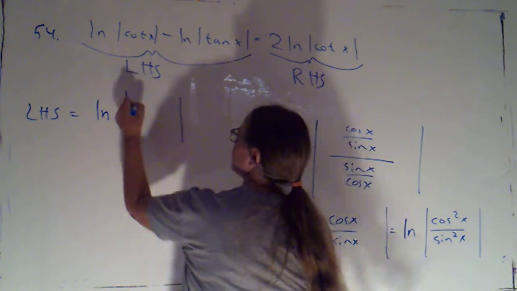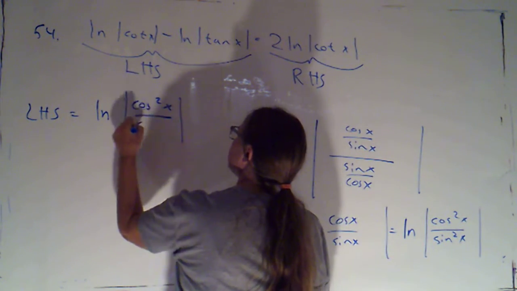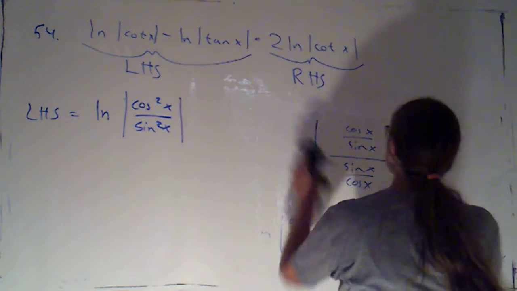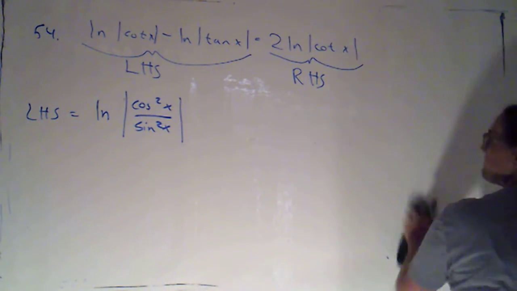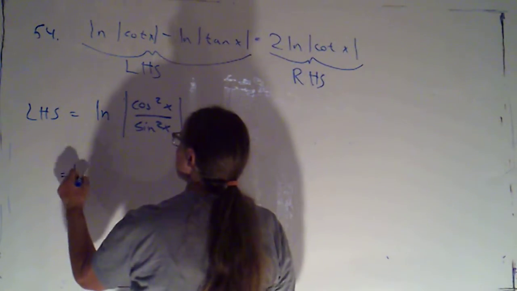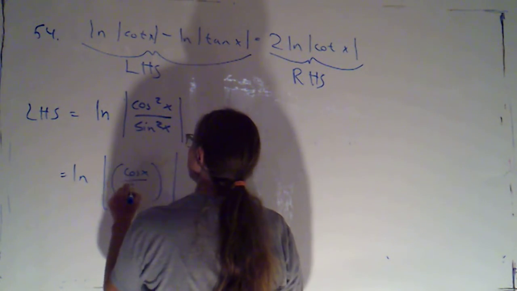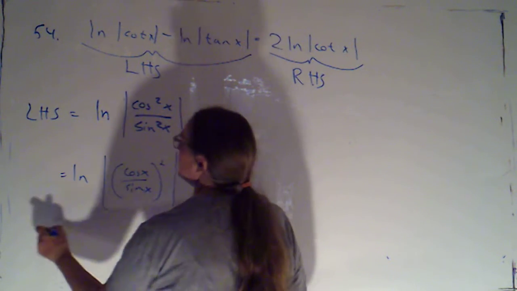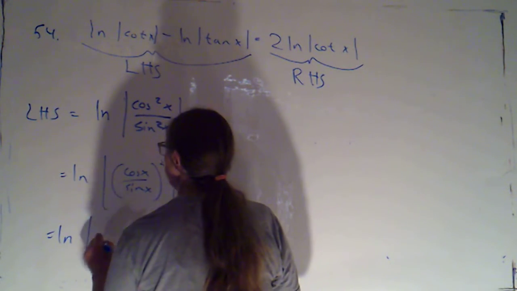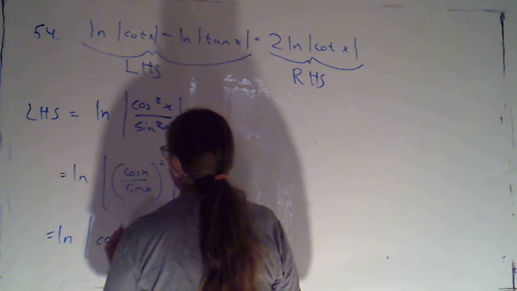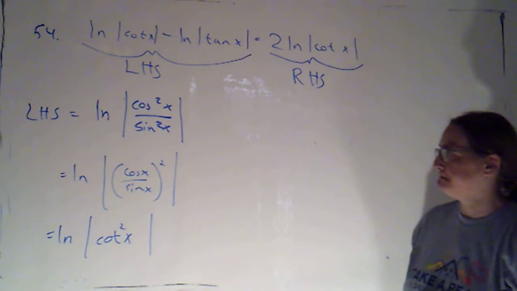I've gotten this far. It's the natural log, the absolute value of cosine squared over sine squared. And I'm just going to observe that's the natural log of the absolute value of cosine x over sine x squared, which is the natural log of the absolute value of cotangent of x squared.